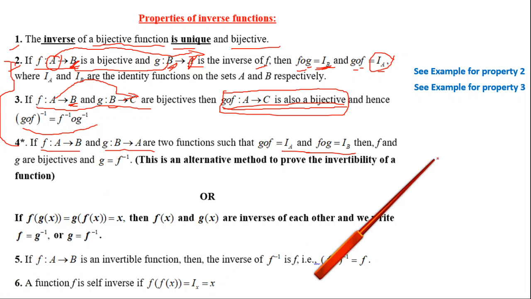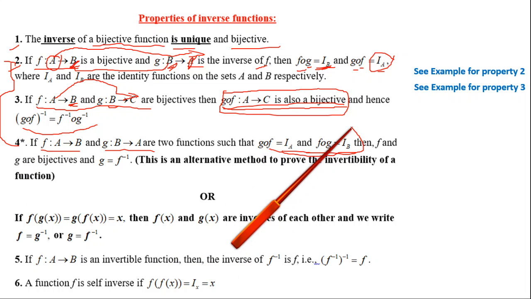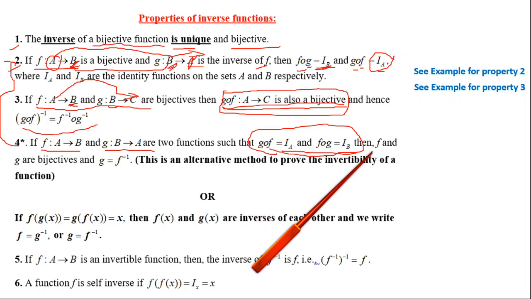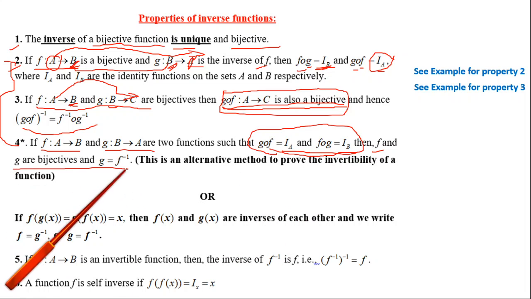So if two functions are given and this holds, then we say that F and G are inverses of each other. Okay, then G and F will be inverses of each other.